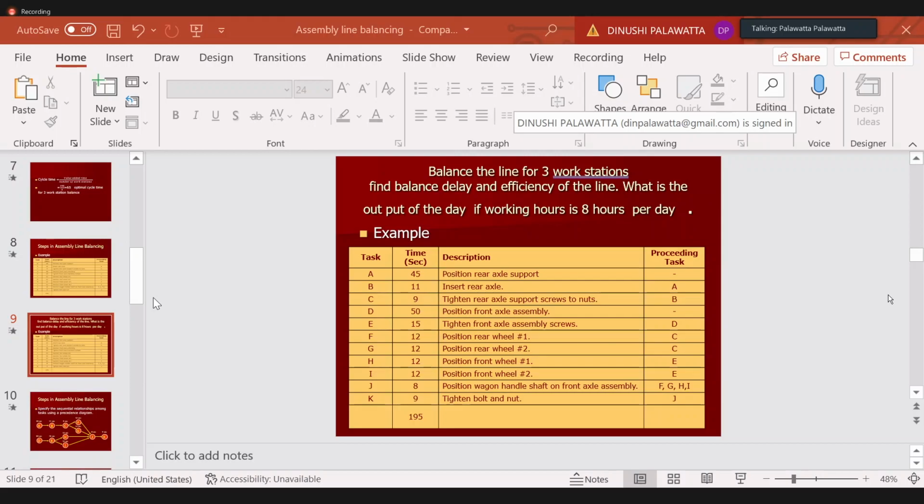So the optimal solution in the balance is 4 workstations. If you get the 4 workstations, it means efficiency will be near 100. Thank you, sir. Clear.